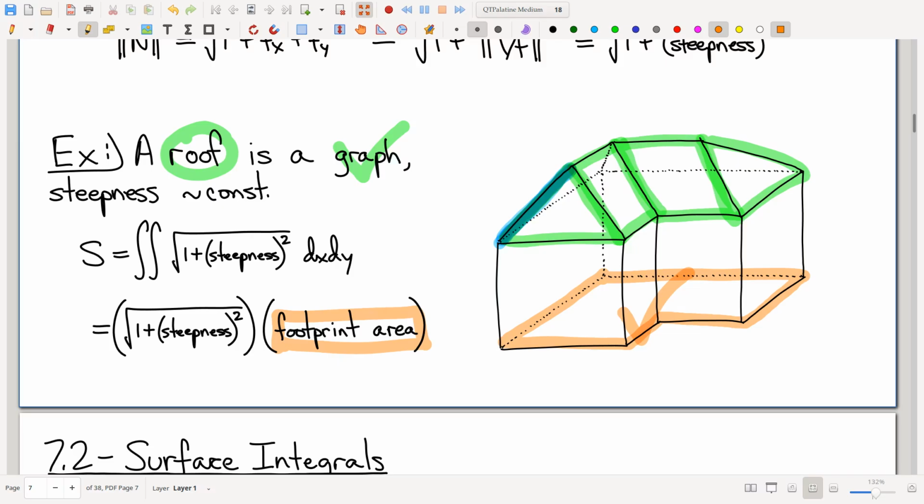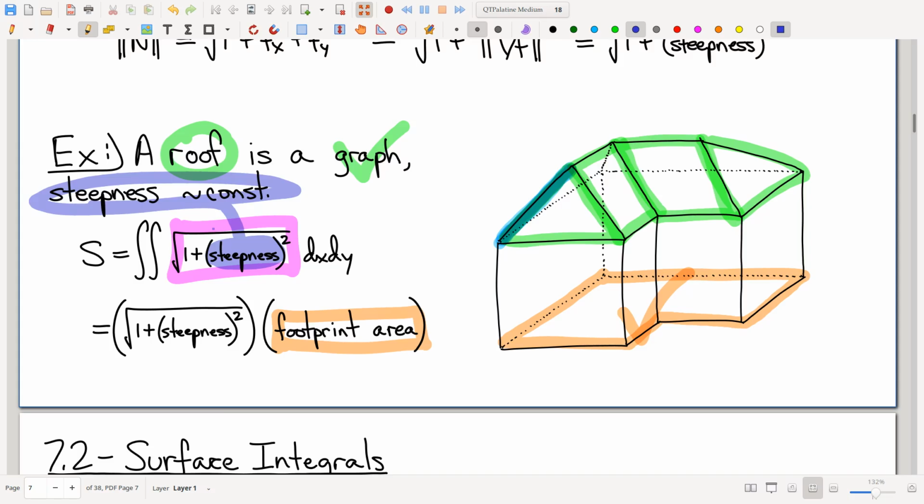Right? And all you need to know in order to compute your stretching factor here, and of course now your stretching factor is the thing that's going to be your integrand. Convenient little fact, and I'm just going to assert that this is the case most of the time. All exceptions granted. But how steep the roof is in most houses, mine included, is approximately constant. Pretty much. I don't know why, but that tends to be the case in most houses.